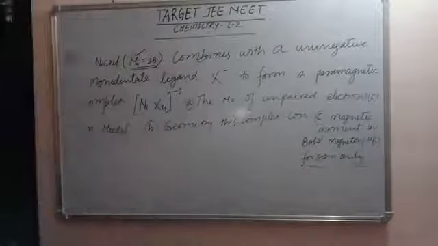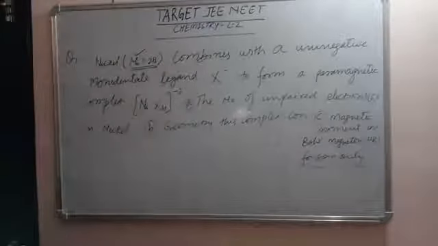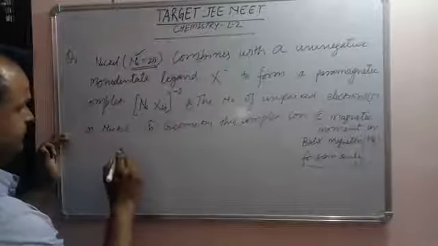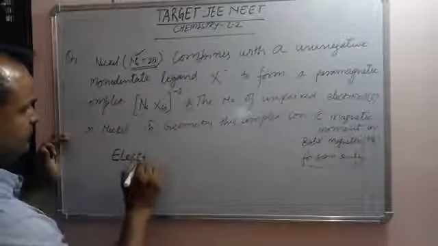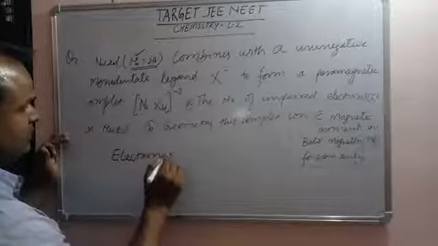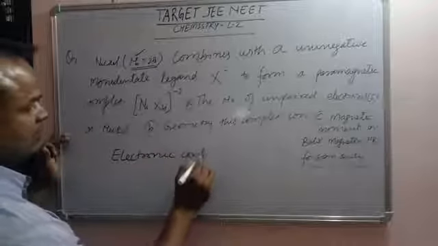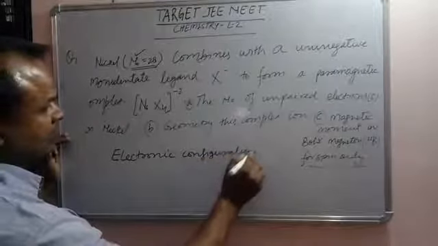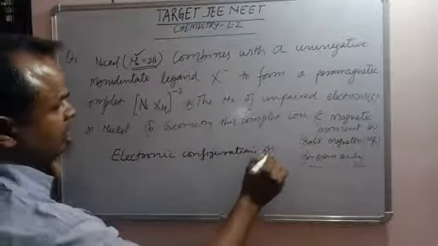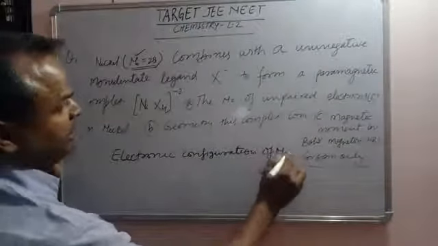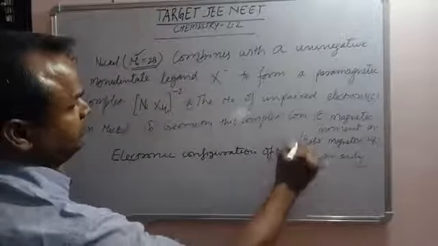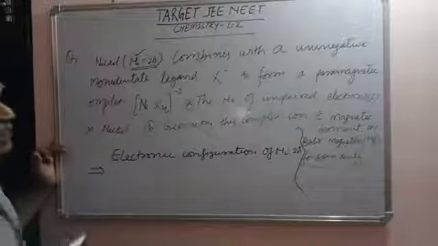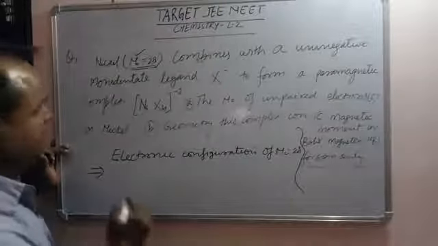You know the electronic configuration of nickel, so we can write the electronic configuration of Ni with atomic number 28. Firstly we write in a simple way, then we write in terms of inert gases.